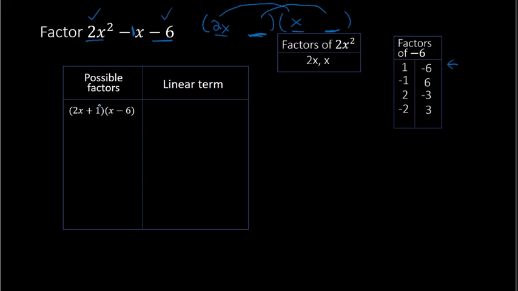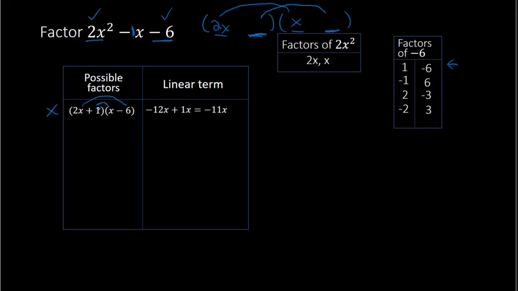To check that one, we can think through distributing, but I don't need to distribute every single part because I know the first and last are okay already. So I could just do the inner and outer. So 1x and then 2x times -6 is -12x. So -12x plus 1x would give me -11x, which does not work here for this middle term. So this one does not work.